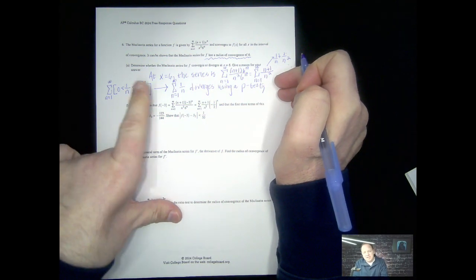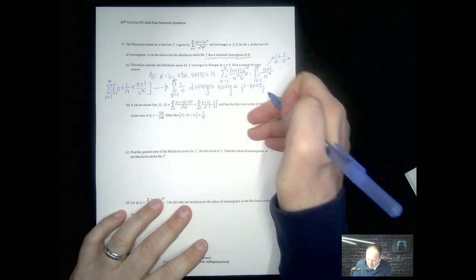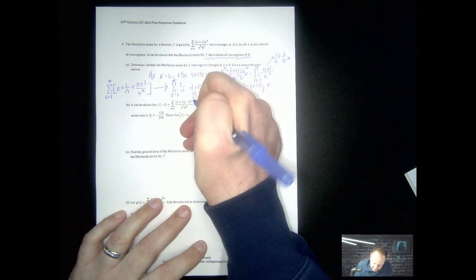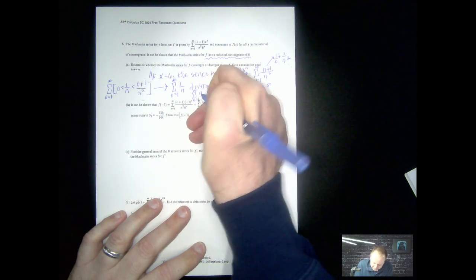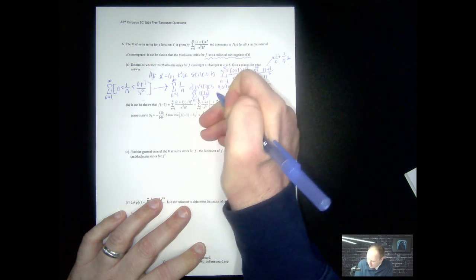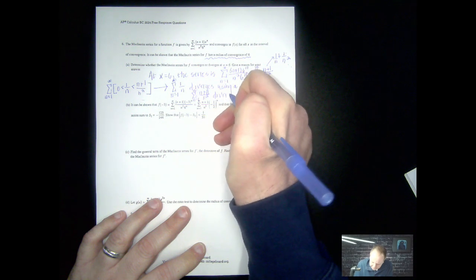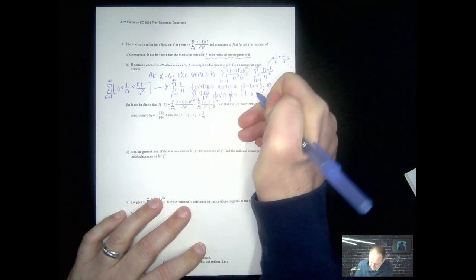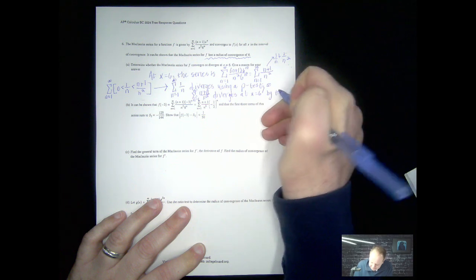So if the inside diverges, the outside's got to diverge, right? That's a direct comparison test. So the sum of n equals 1 to infinity of n plus 1 all over n squared diverges at x equals 6 by the direct comparison test.